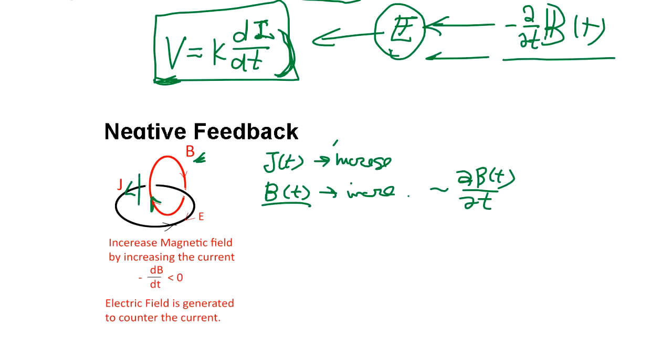Because of the negative, E is generated this way, and this is countering J. If you integrate E along this path, that gives a voltage. The voltage is countering J. You need J by applying a voltage originally, but now you get a counter voltage.